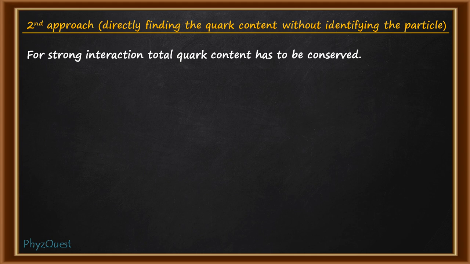Now this is our reaction. Pion is a meson, so it has a quark and anti-quark combination, with quark content u d-bar. Proton is a baryon, so it has a combination of three quarks, u u d.